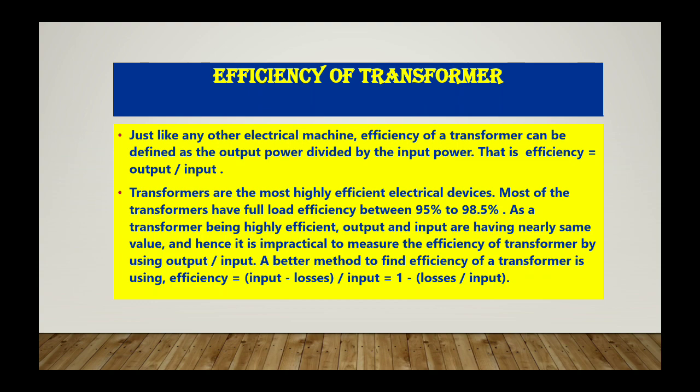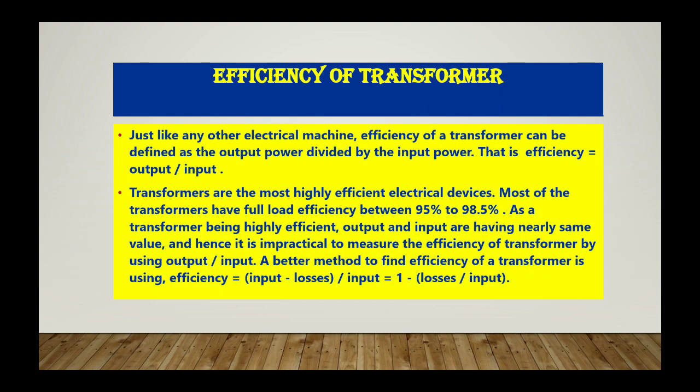As a transformer is highly efficient, output and input have nearly the same value. Hence, it is impractical to measure the efficiency of a transformer by using output by input. A better method to find the efficiency of a transformer is efficiency equals input minus losses by input.